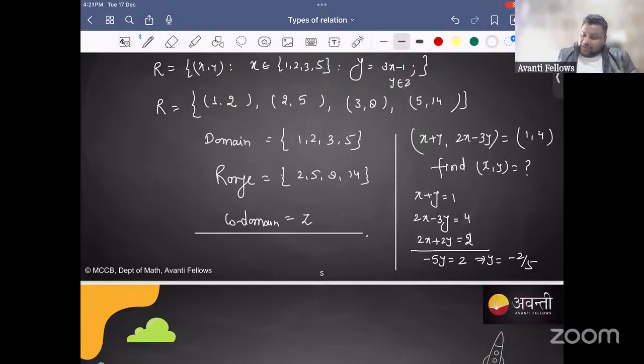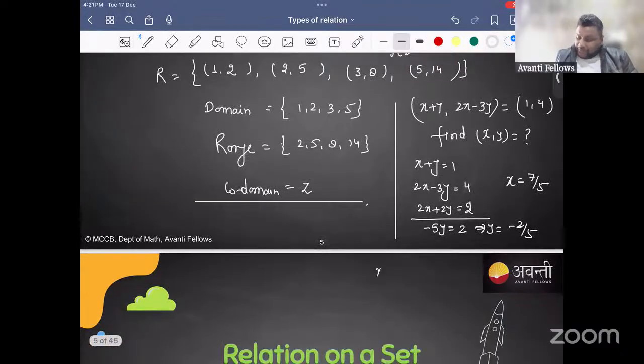Placing the value of y, you get x as 7 by 5. So the ordered pair (x, y) expected from you is (7/5, 2/5). That's it. Am I clear?